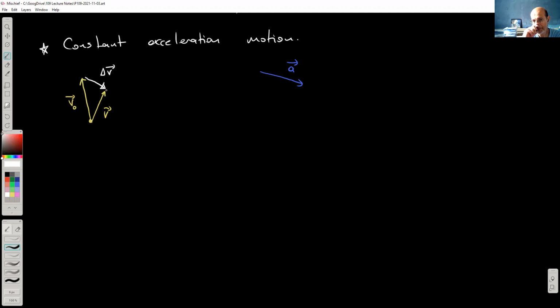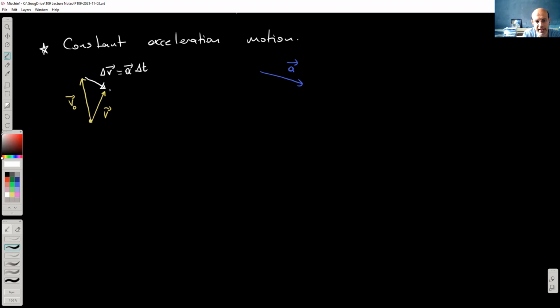And if the time is later than the initial time, it should be basically parallel to the acceleration. So that's a times delta t. All right. So in the case of constant acceleration, we have this formula valid all the time.